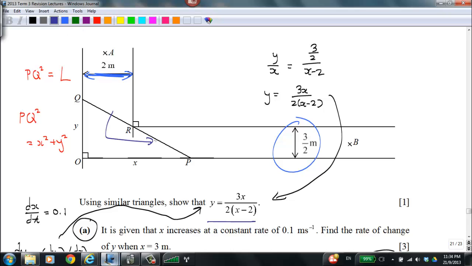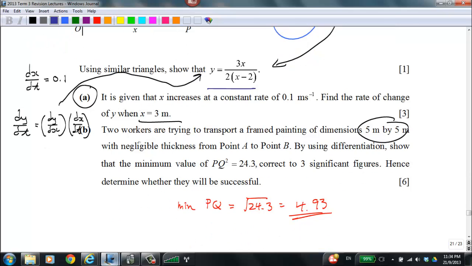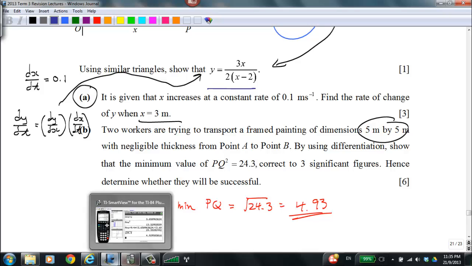But the thing is that when they are passing by the corridor, the frame painting is square, so no matter how they hold it, the length will always be 5 meters. So going through this corner, there will be a point whereby they only have a space, because the minimum value of PQ is 4.93. They can only have a space of 4.93 to clear the dimension of 5 meters. So when they reach that minimum value, there's no way for the frame painting to clear the corridor, and therefore they will not be successful in clearing the corridor itself.